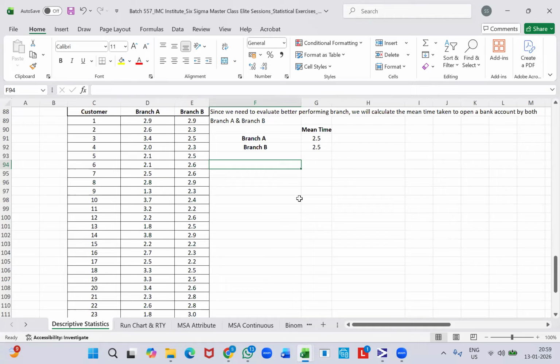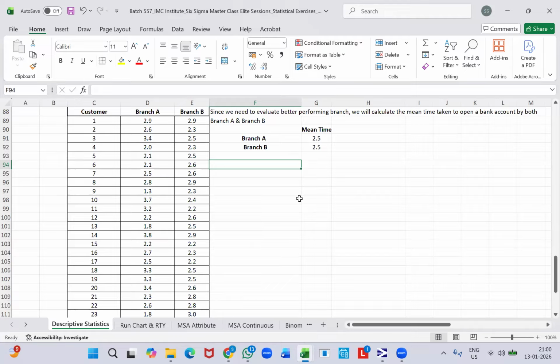If we are talking about consistency, we need to calculate the variation metrics. So we will calculate the standard deviation, right? The standard deviation will let us know which one is the better performing branch, in the sense which one is more consistent in its performance, right?